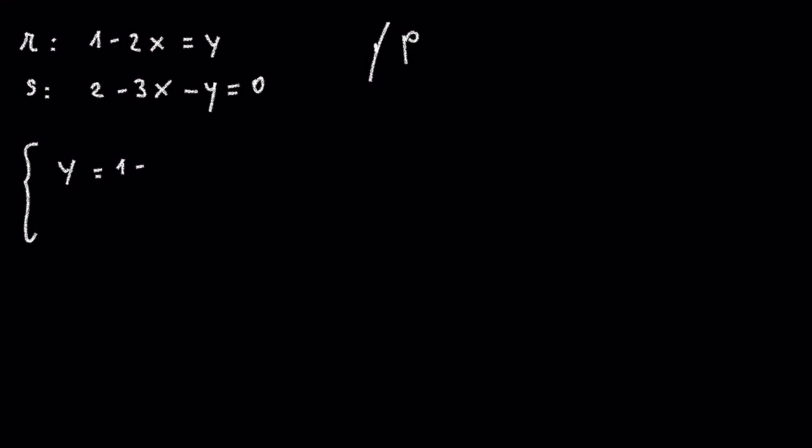Y is equal to 1 minus 2x, and here we can substitute into S: minus 1 plus 2x equals 0.